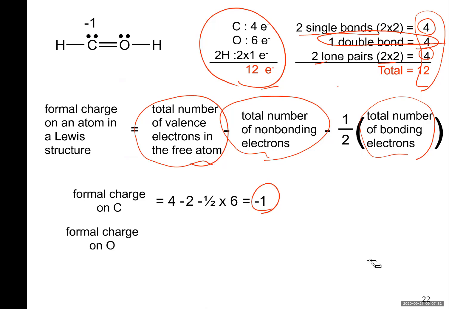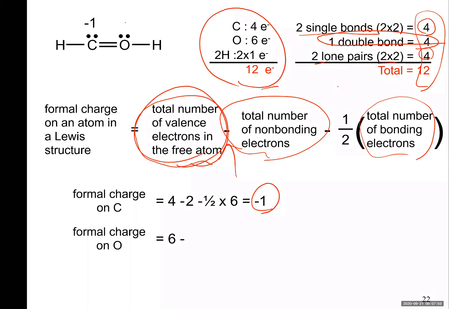How about oxygen? The total number of valence electrons in a free atom of oxygen: is it 6 because oxygen is in group 6A? Minus the total number of non-bonding electrons. How many non-bonding electrons do you see on oxygen here? You see 2. Minus half of the total number of bonding electrons.